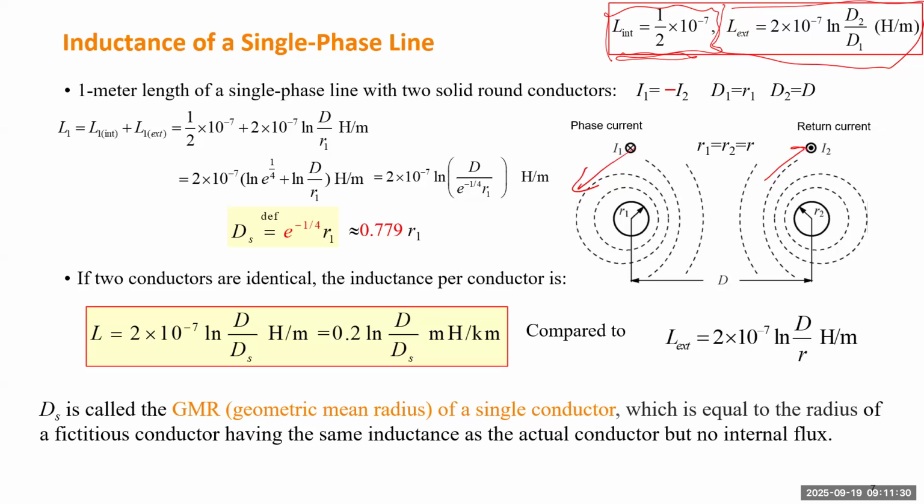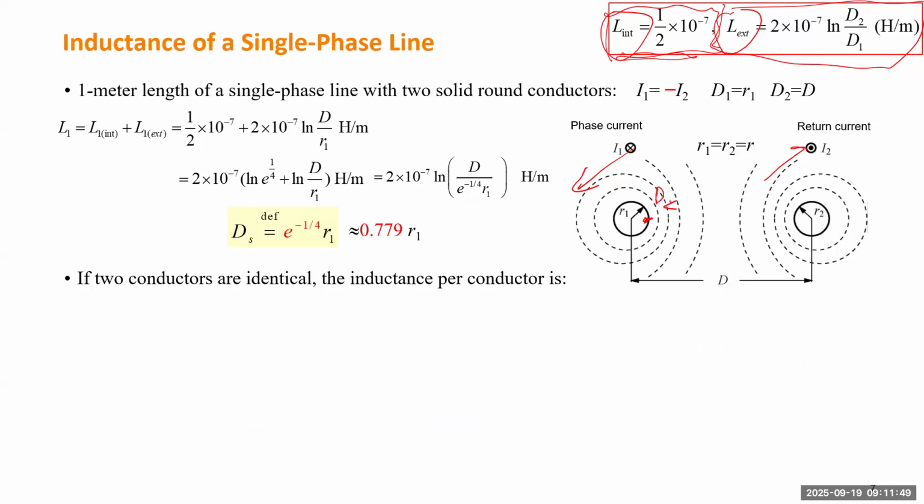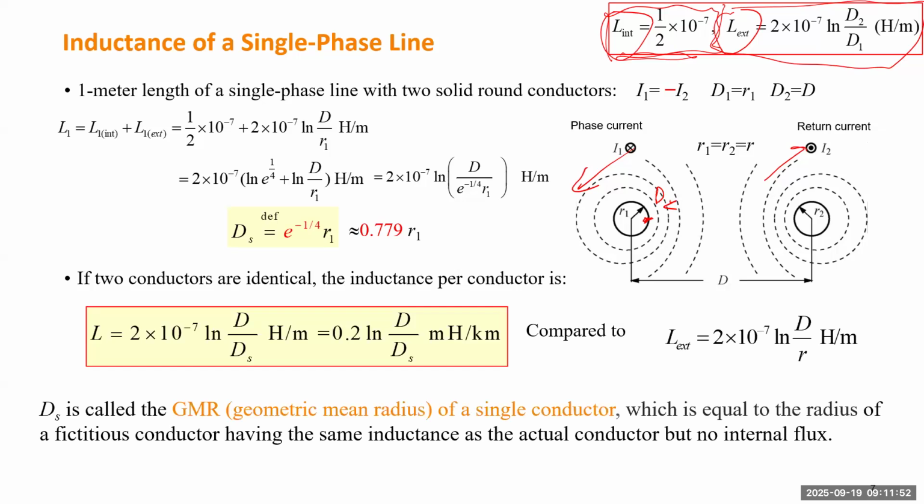For this case, to calculate the inductance for each conductor, we consider the internal inductance, and for the external inductance, we need to define two distances. The first distance will start from the skin of the first conductor, so that's D1. And for D2, we're going to use the distance between the two conductors.